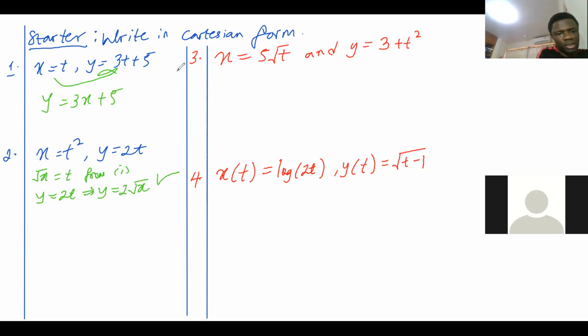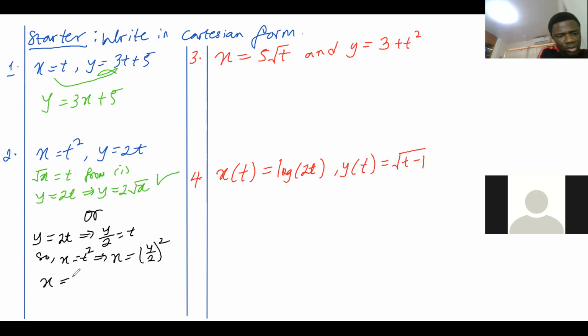Another way to express it, if I make t the subject from y equals 2t, implies that y over 2 equals t. So x equals t squared implies that x equals y over 2 squared.